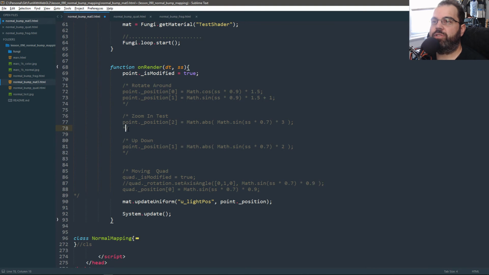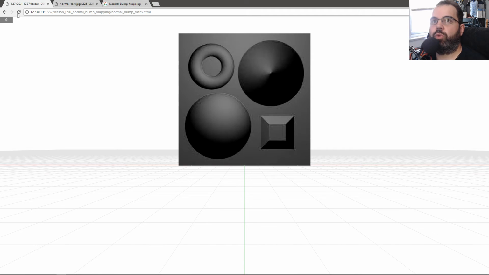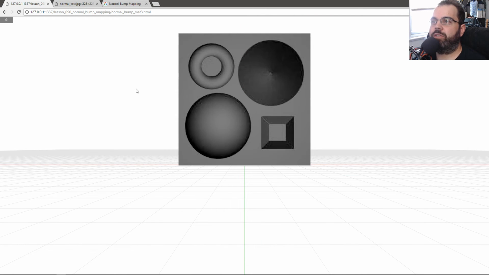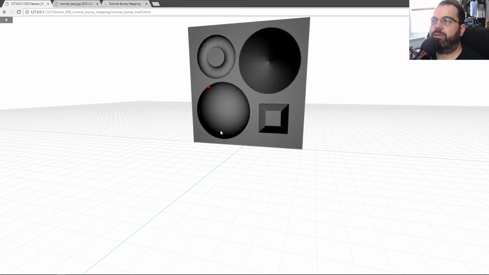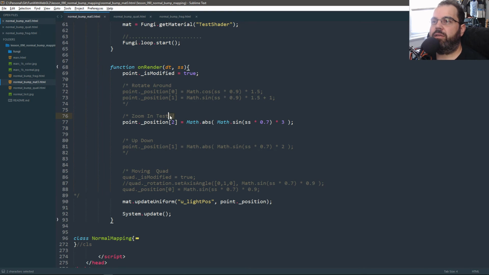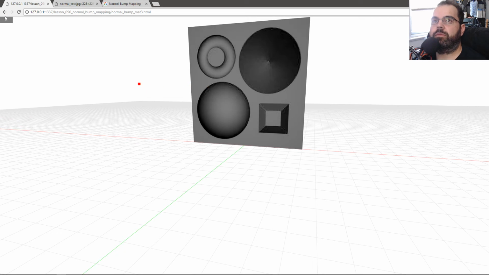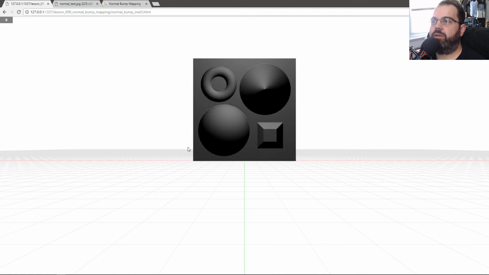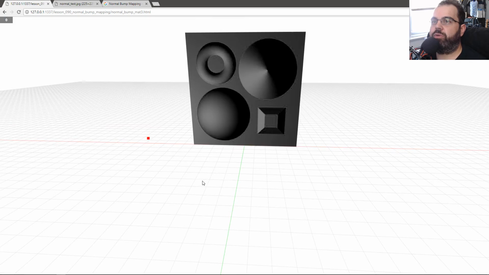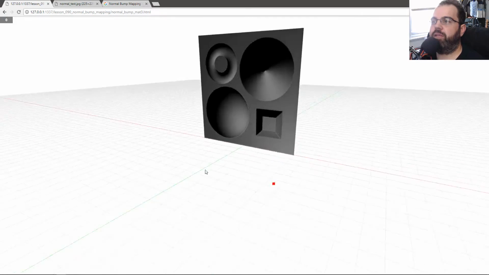I think this one's a cool one. This is the zoom in and out test. Make sure that the light that's moving toward it and away from it works. So as it zooms in, it goes right into the center. So again, that's another good test. And I think there was one more test. Rotate around. And on this one I have the light source spinning in different ways.